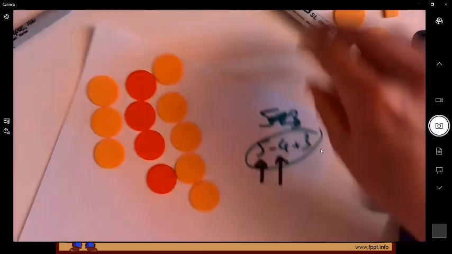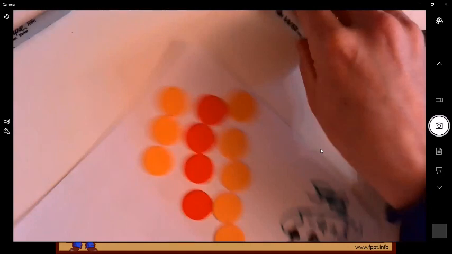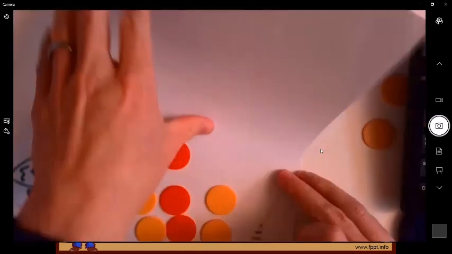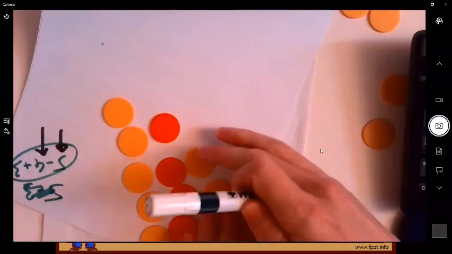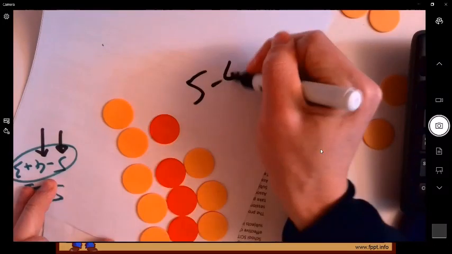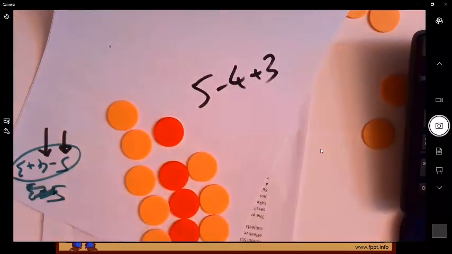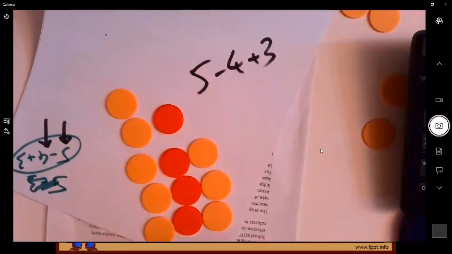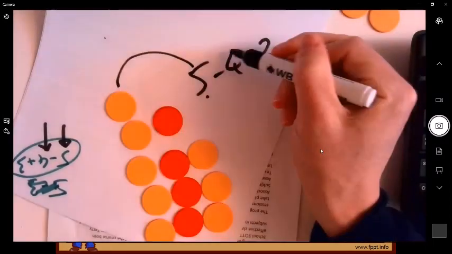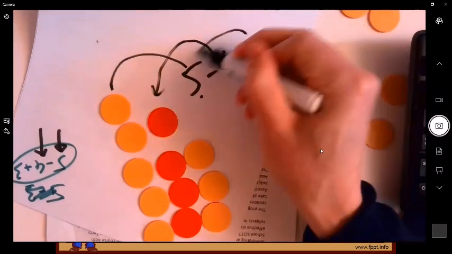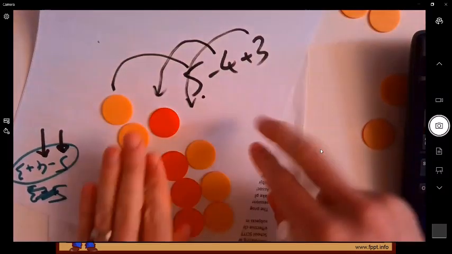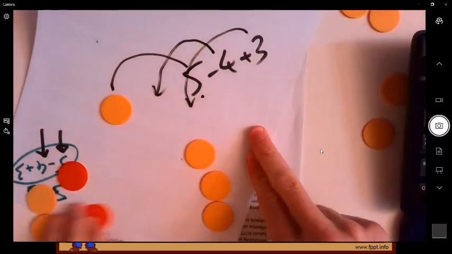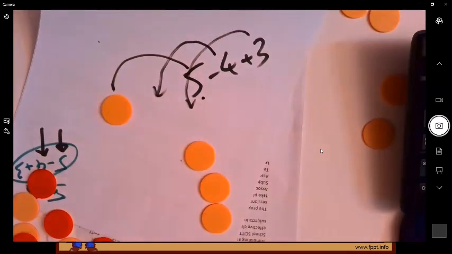Tell you what, let's move my counters around. So I think that's probably wiser. Okay. So 5 take away 4, add 3, or 5, -4 and +3, and those 4 zero pairs still exist, of course. So the answer still remains at 4.